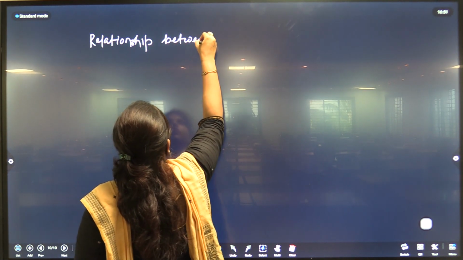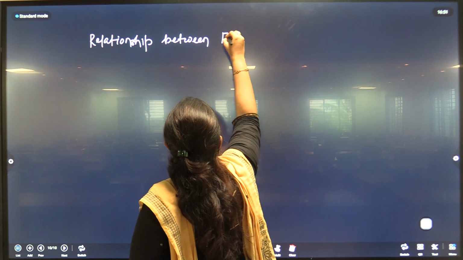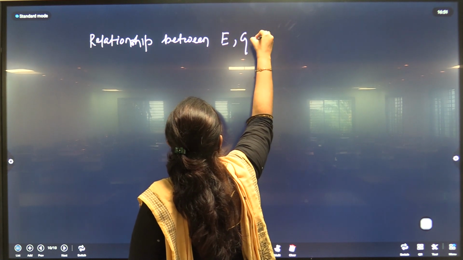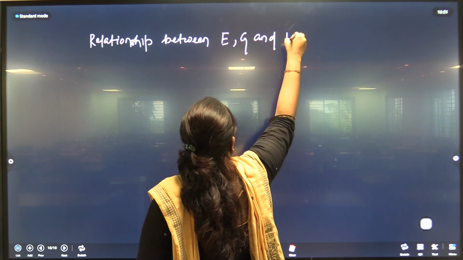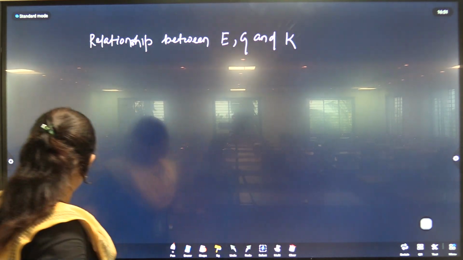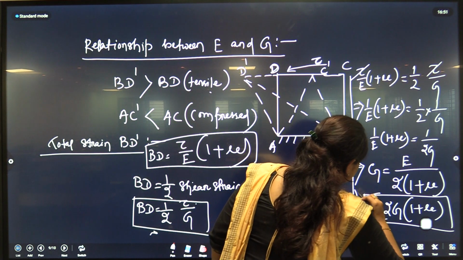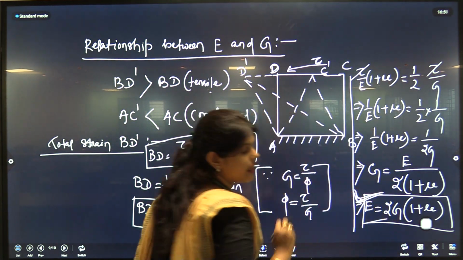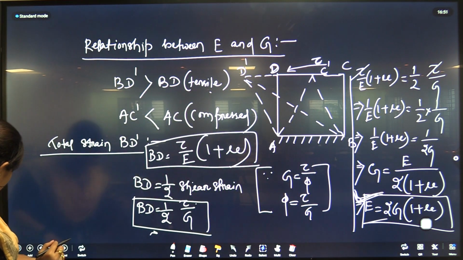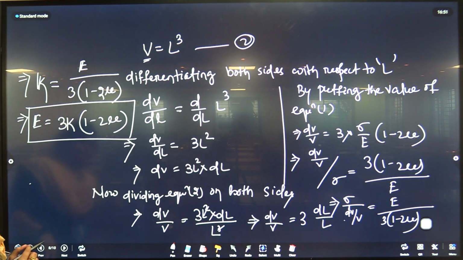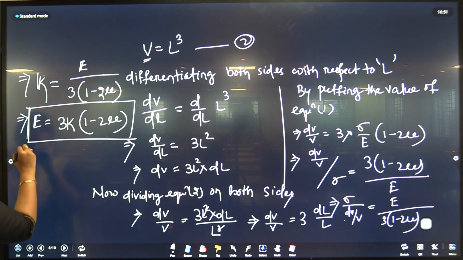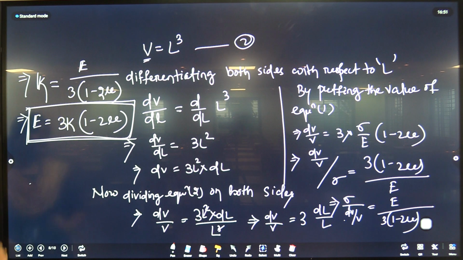Between E, G and K. From where? From this: this is your equation number 1 and this will be your equation number 2.